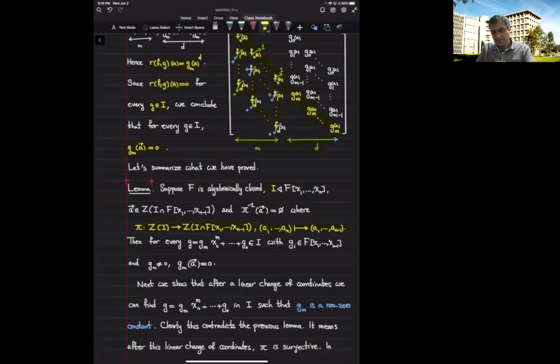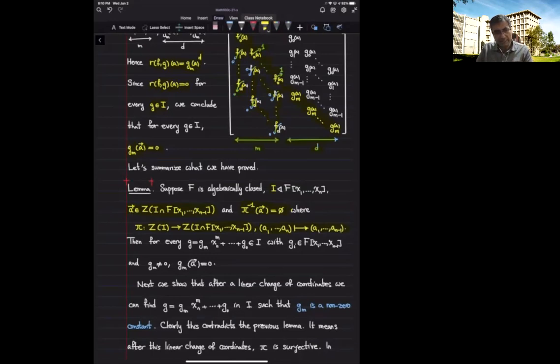If pi fails to be surjective, to be concrete, suppose A is a common zero of this intersected ideal, and there is nothing with these first n-1 components in the common zeros of I. So suppose A does not belong to the image of pi.